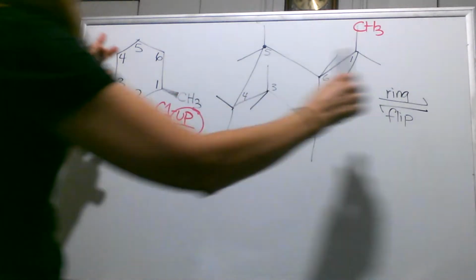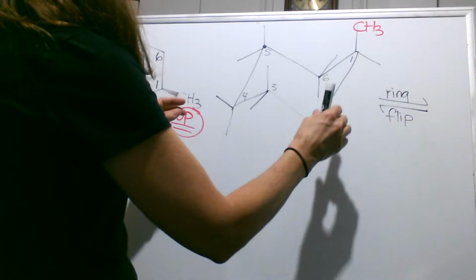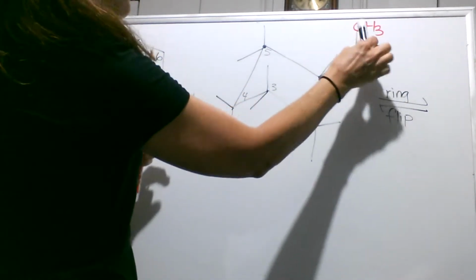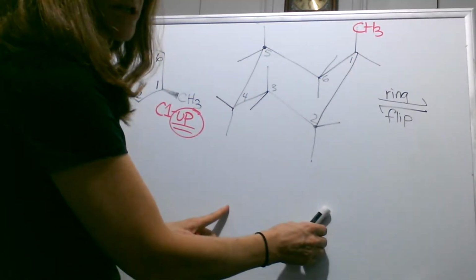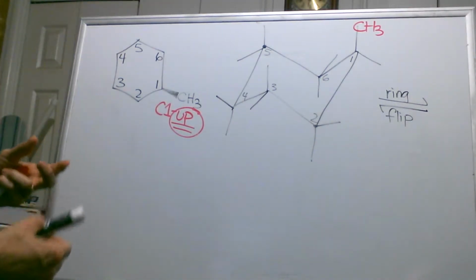Now if I had more room here, and I'm going to have to draw this underneath, you would see that the ring and the bonds, not the substituent, but just the generic form of the ring, is going to appear as a mirror image. So that tells you that you've drawn the generic chair form correctly.